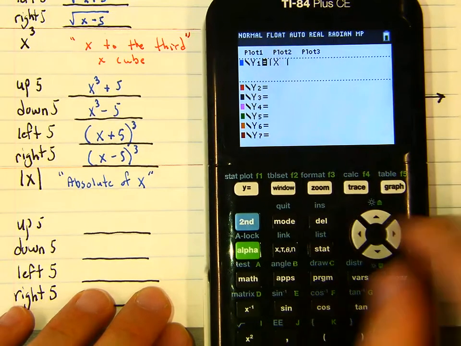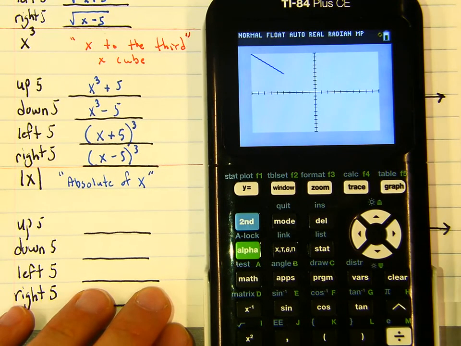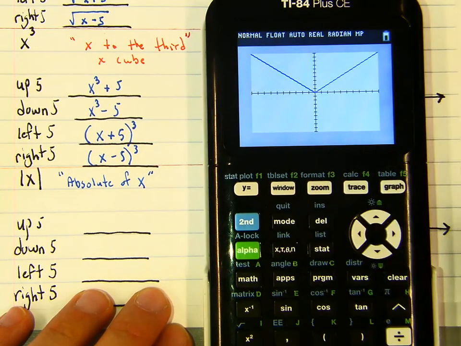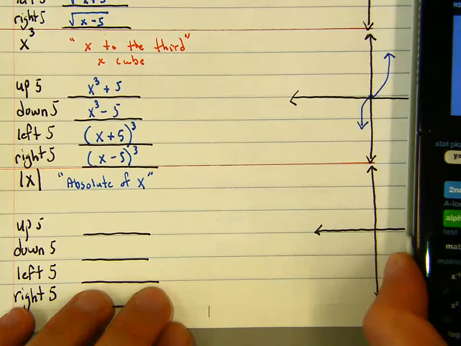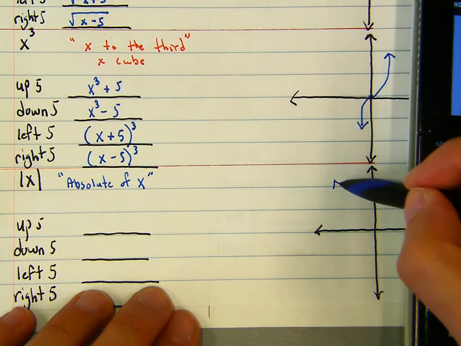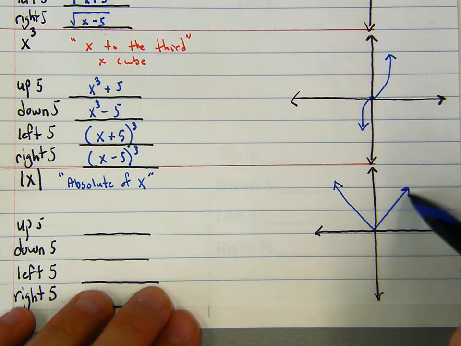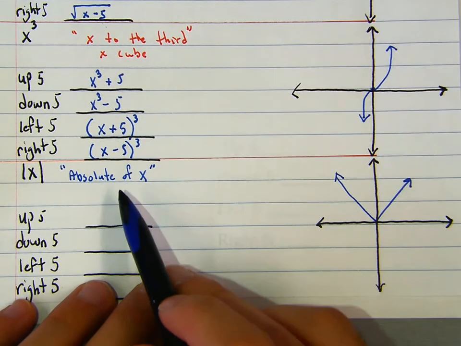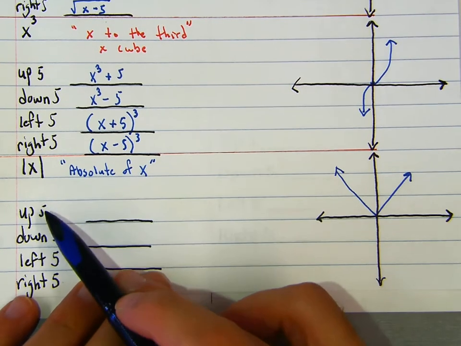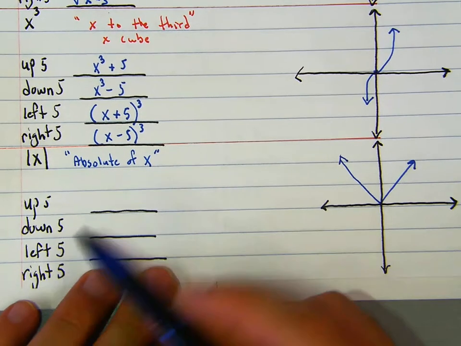Now let's plug in x, and if I hit graph, notice that it gives us this V shape, and this is the absolute value of x. This is the original function. What would I have to do to absolute value of x to make it go up, down, left, and right 5?